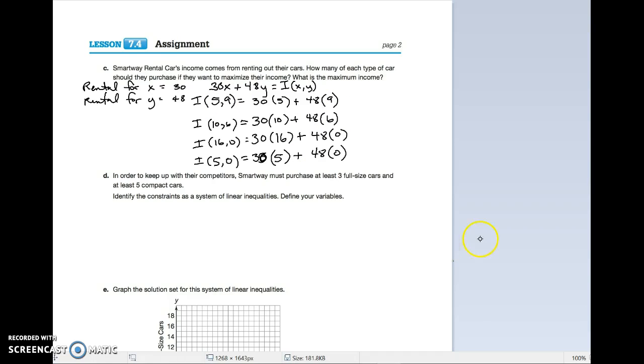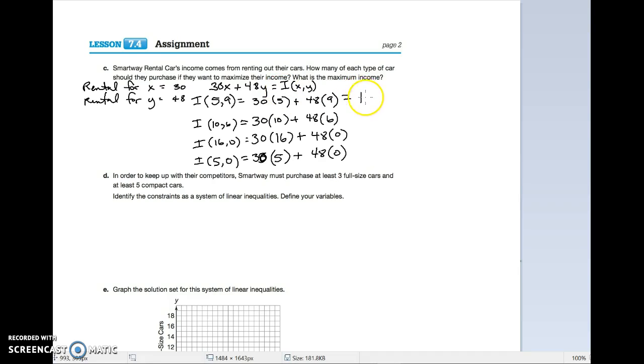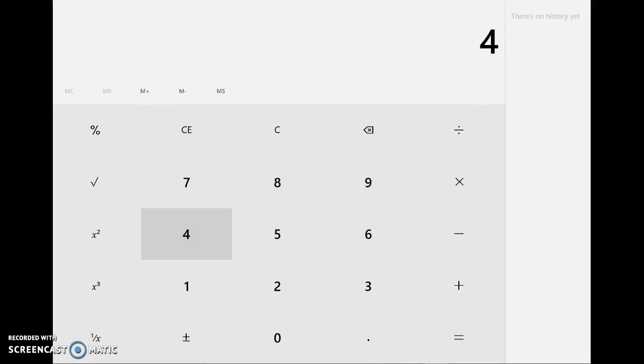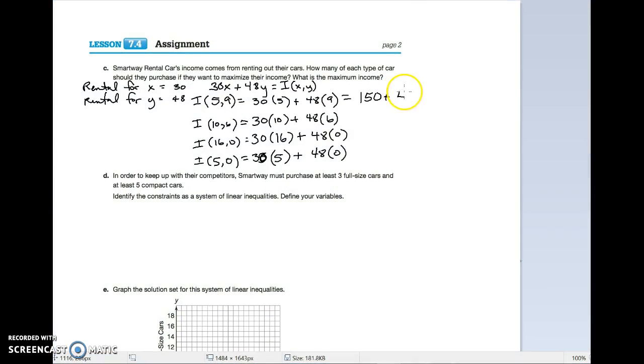So let me go ahead and see if I can make this a little bit wider so I have some writing room. And we're going to say that this right here is 30 times 5 is 150. We're going to add to that 48 times 9. So 48 times 9 is 432. So we're going to add 150 to 432, and we get 582.